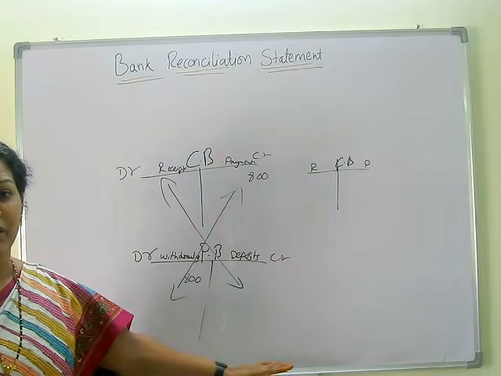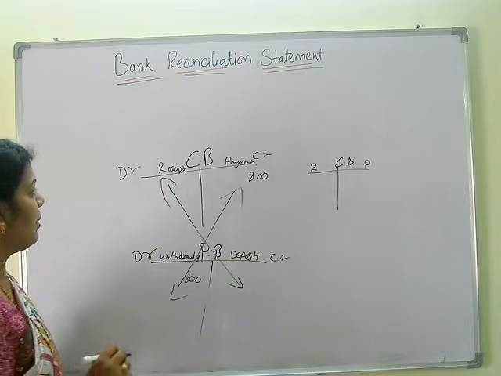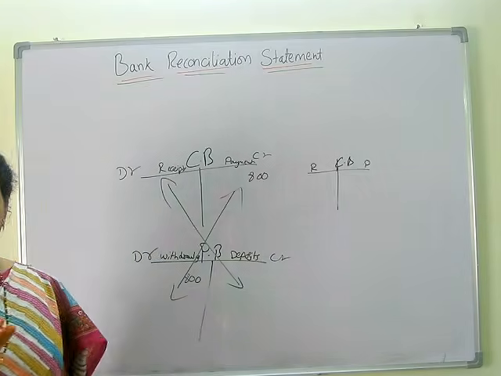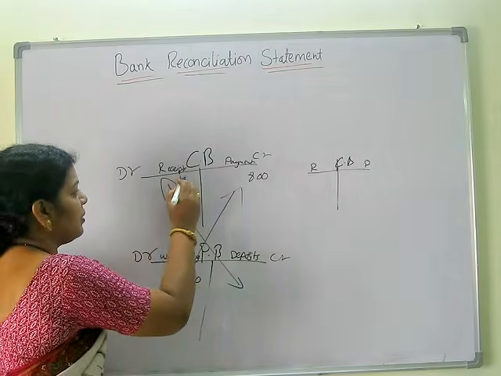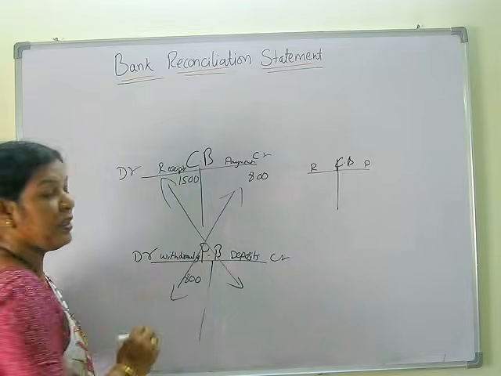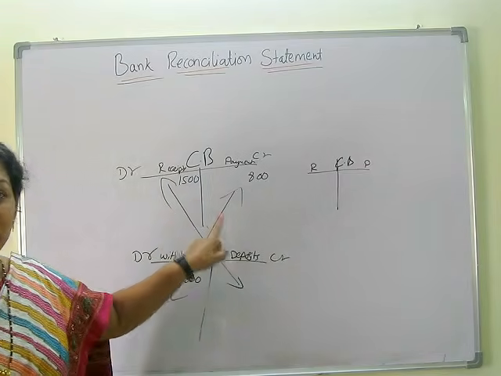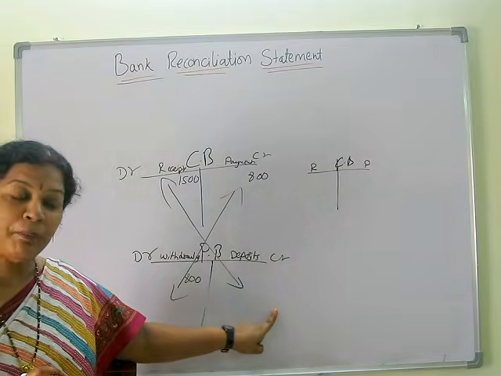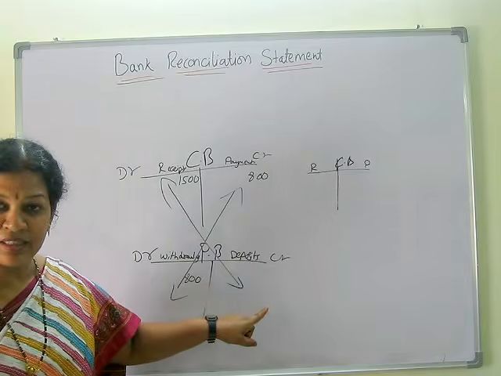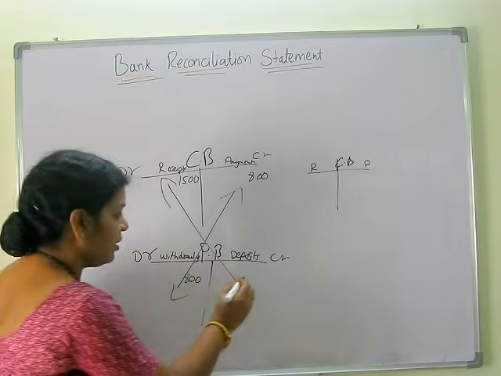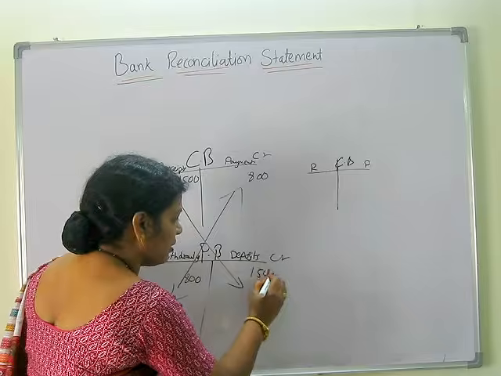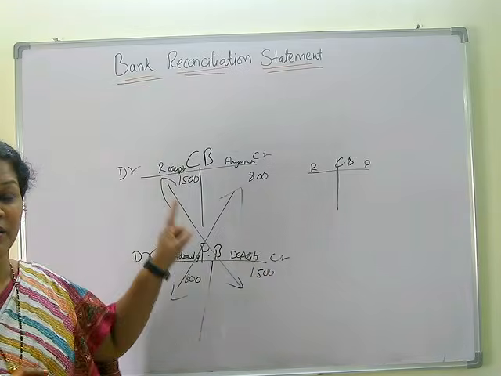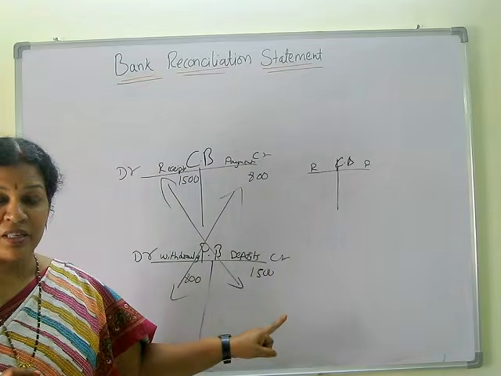Cash book debit, passbook credit. Both should be equal. For example, we got a check of 1500, and this is deposited into the bank. Whenever we deposit, if the bank is crediting, then it will take entry on the credit side, 1500. So on both sides it should be the same.